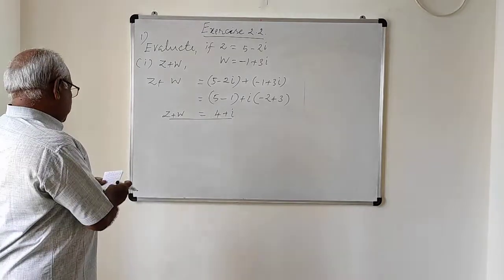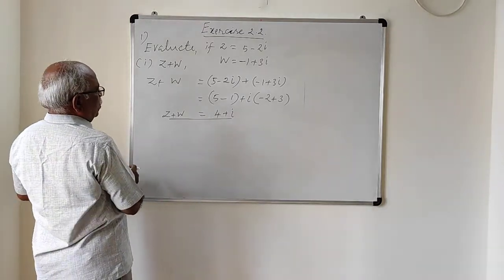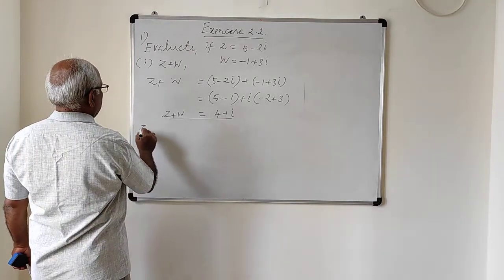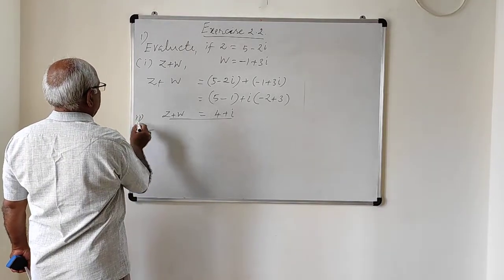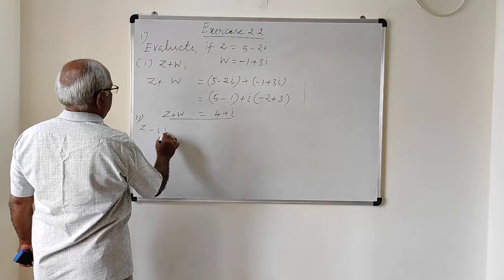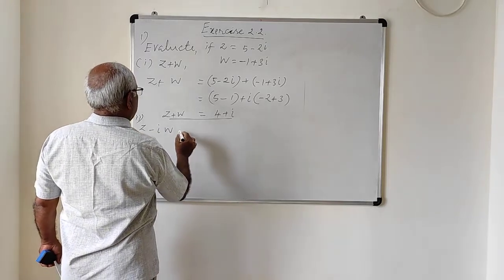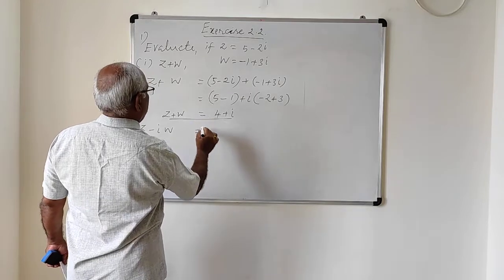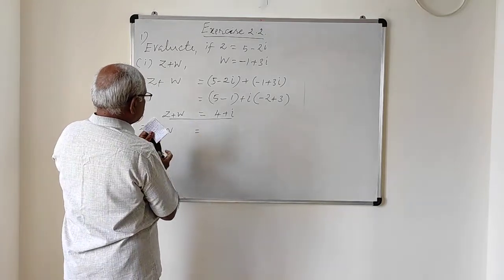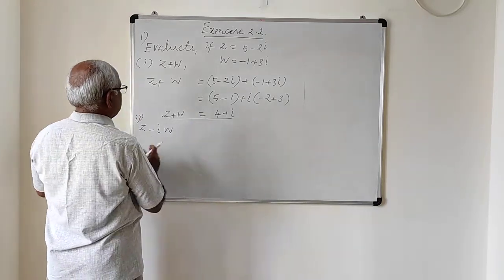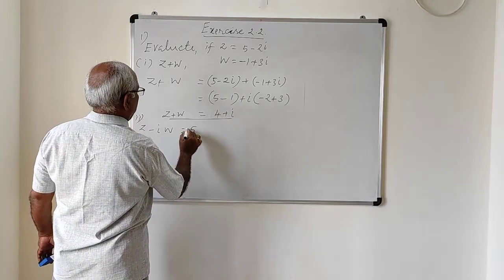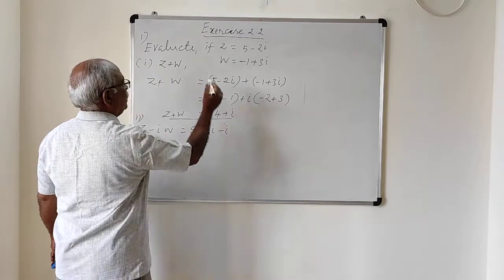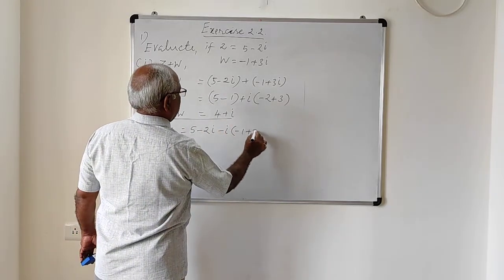The second subdivision: they ask you to find z minus iw. Evaluate z minus iw. What is z? z is 5 minus 2i. Minus i into w, which is minus 1 plus 3i.